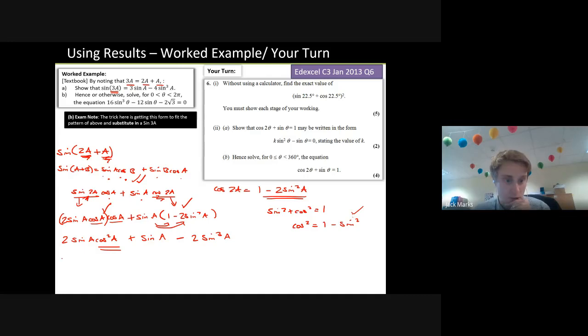Okay, so 2 sine a, I'm going to substitute in this part here now. So that will be 1 minus sine squared a, and then all of this stuff again.